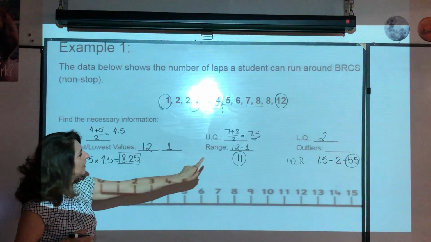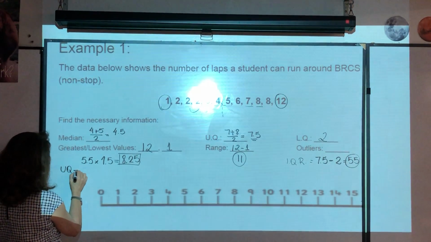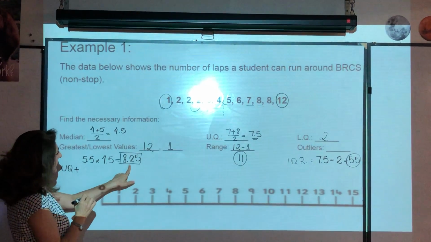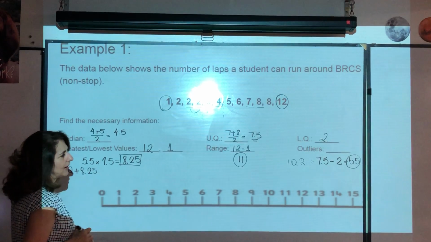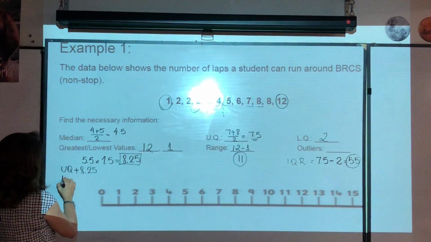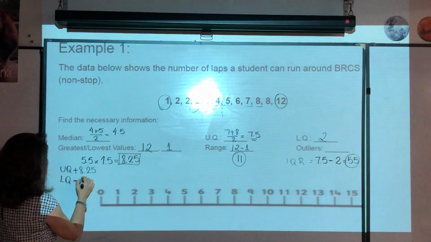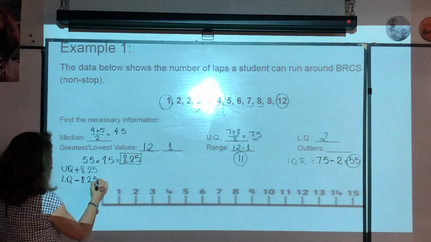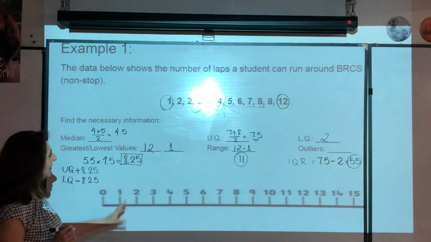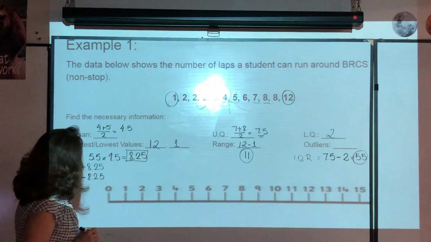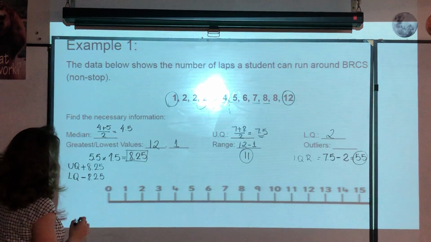I get my upper quartile and I am going to add this number here, 8.25. And then I am going to get my lower quartile and take away 8.25. I am using all the space here, then I'll have to erase something in order to graph, but that's okay. The upper quartile is 7.5.